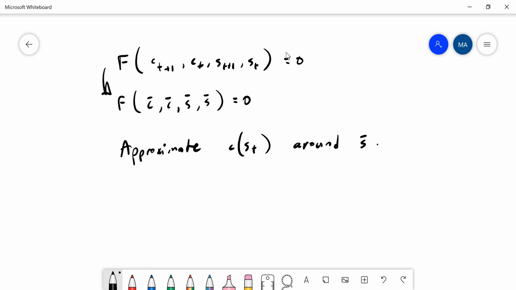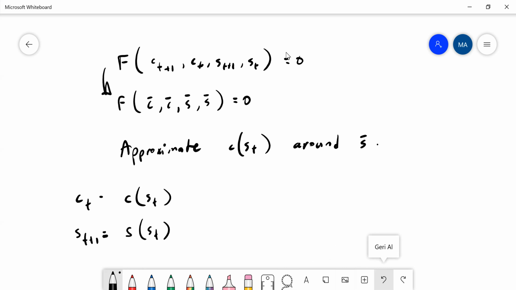And at the end, of course, you know your policy function is something like this, right? Your policy function is a function of the state vector, and then you have the transition equation. Okay.